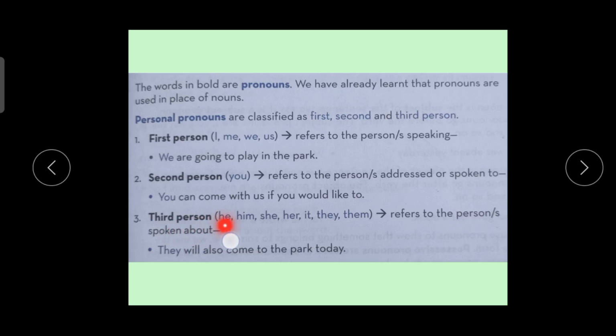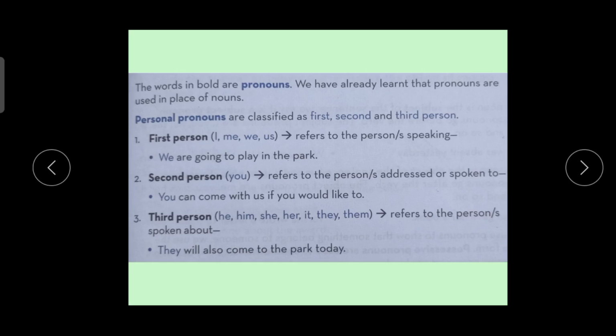Third person pronouns consist of he, him, she, her, it, they, them. They refer to persons spoken about. Here the first person and second person are talking about somebody else.